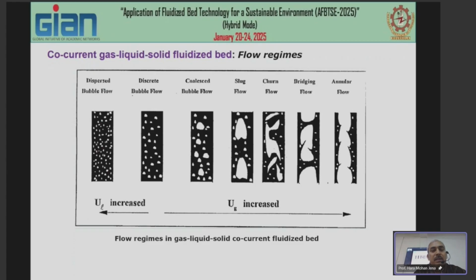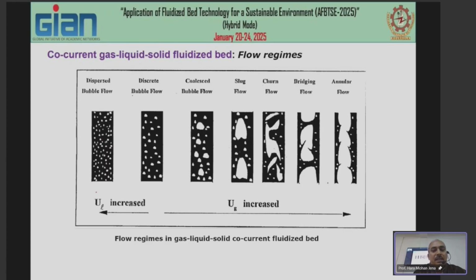Smaller bubbles are there in the bed, and because of the high liquid velocity these smaller bubbles escape from the bed at a faster rate. So overall gas holdup in the bed is a little less.